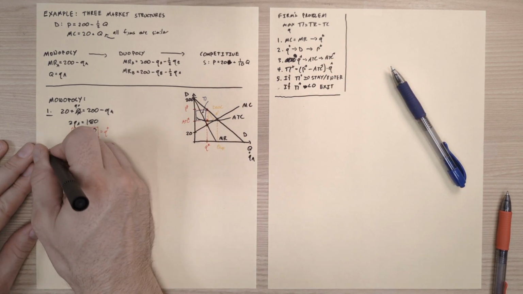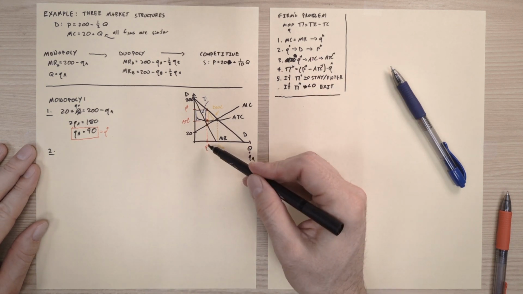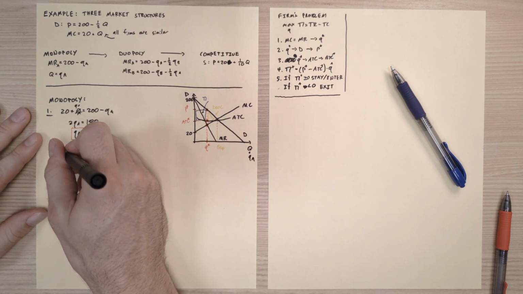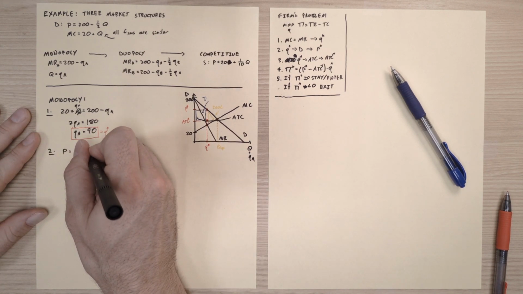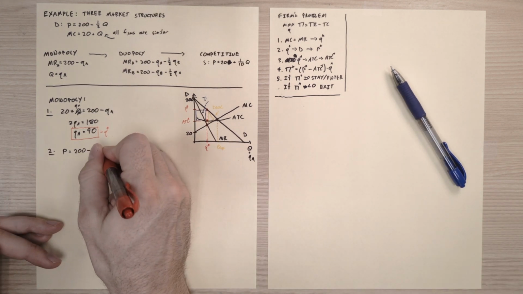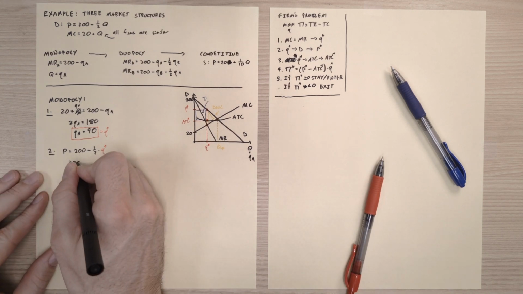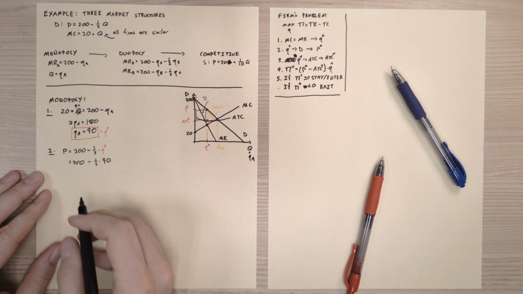The next step, step 2, is to find the price. All we have to do is plug Q star into the demand curve, and that gives us the price. So the price, from the demand curve, is 200 minus 1/2 times Q star. And we know Q star is 90, so we'll just plug this in. We get 200 minus 1/2 times 90.